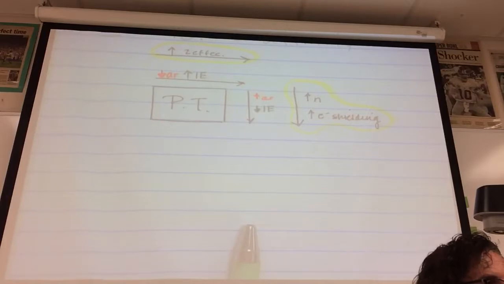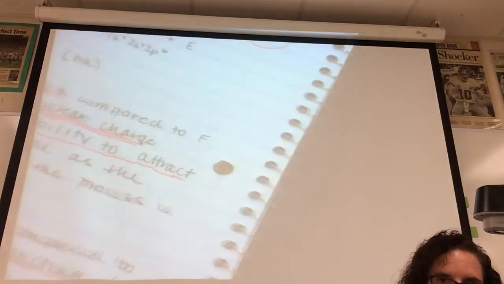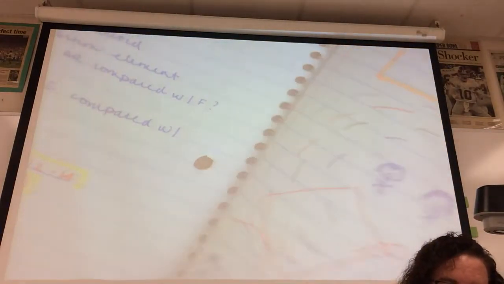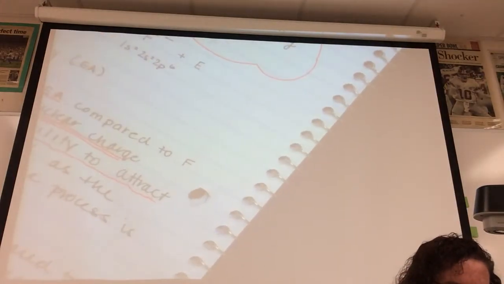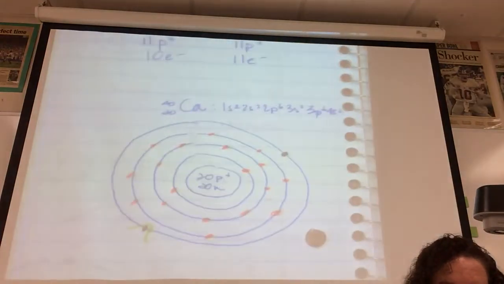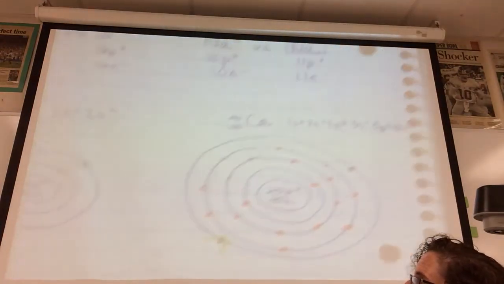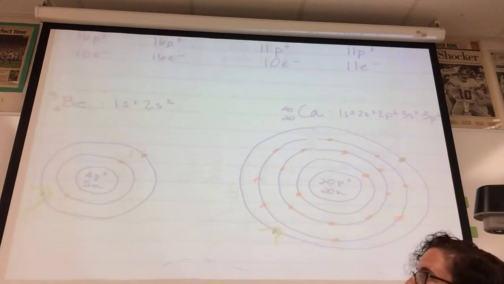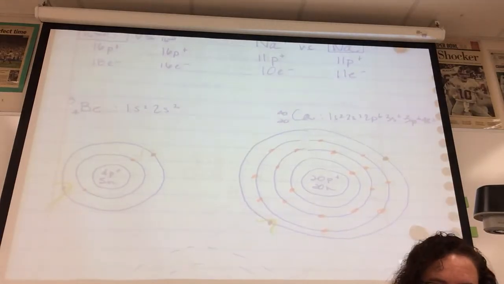I thought that electron shielding meant that if it has more, then more energy is required to strip it. No. With the increase in electron shielding, that's what you're going to see, for example, with beryllium versus calcium.